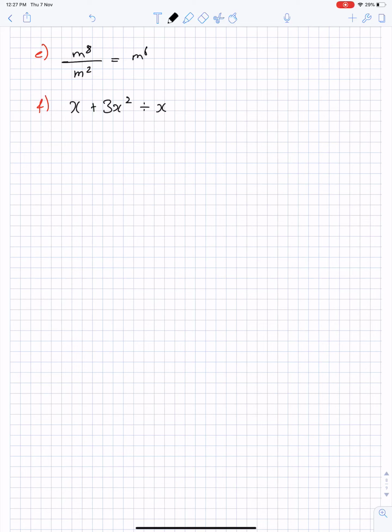Okay. x plus 3x squared divided by x. So, stuck on this one.